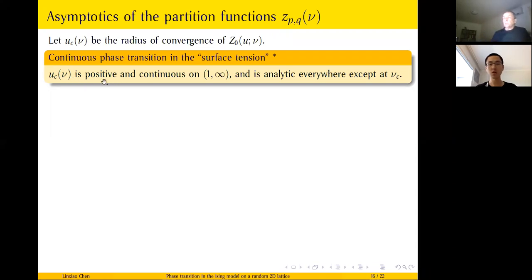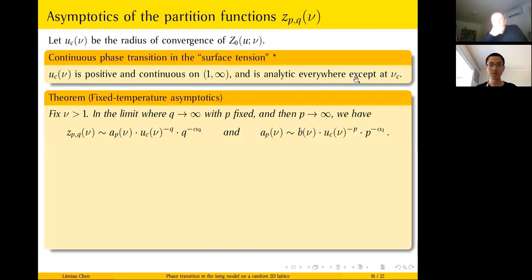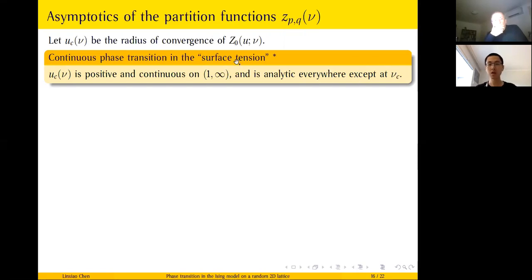And we find that it is positive and continuous for all nu larger than 1, and also analytic everywhere except at nu c. So this is another indication of the phase transition at nu c. So I'll explain later why I call this thing a surface tension.